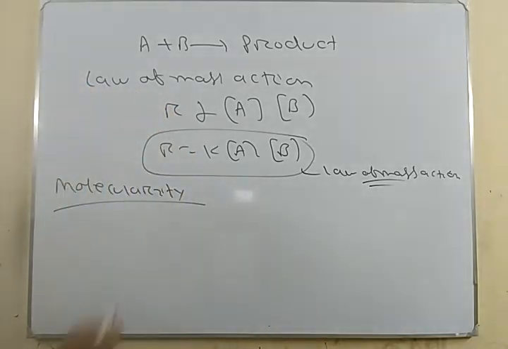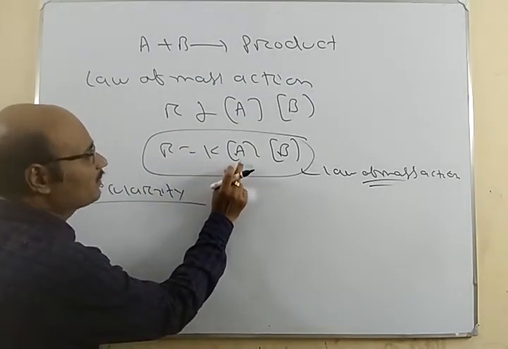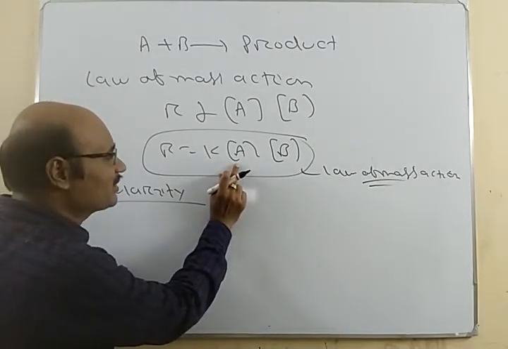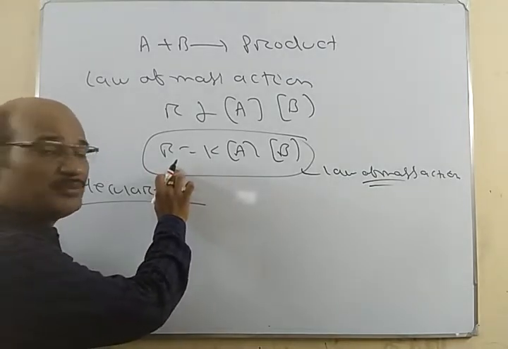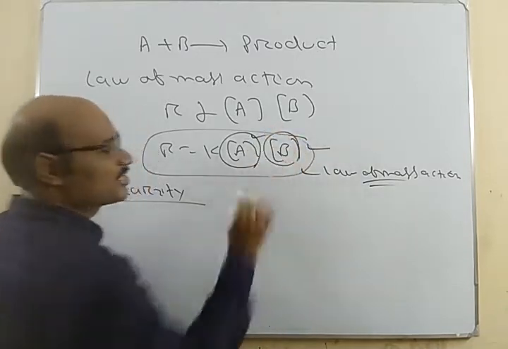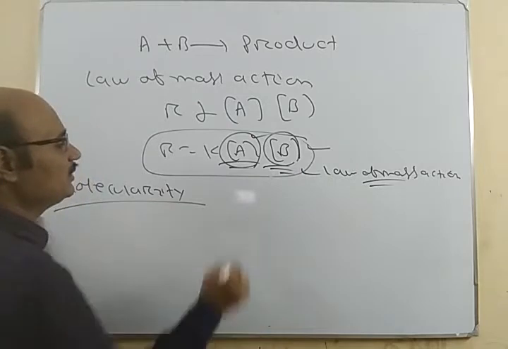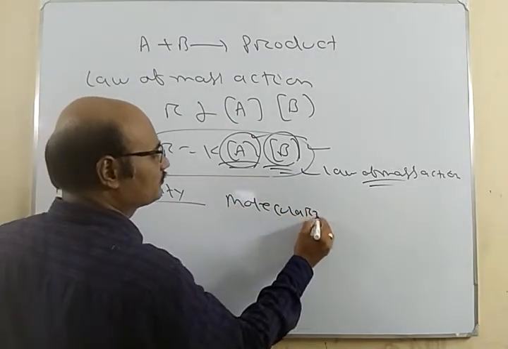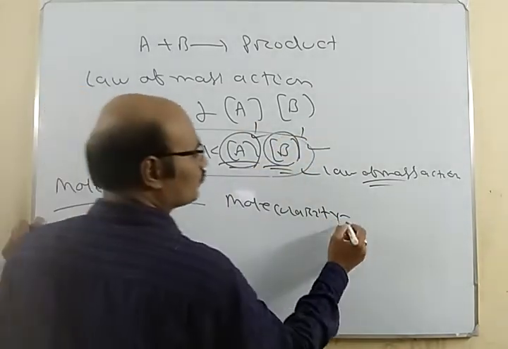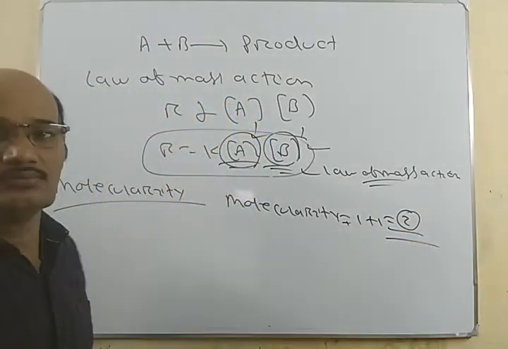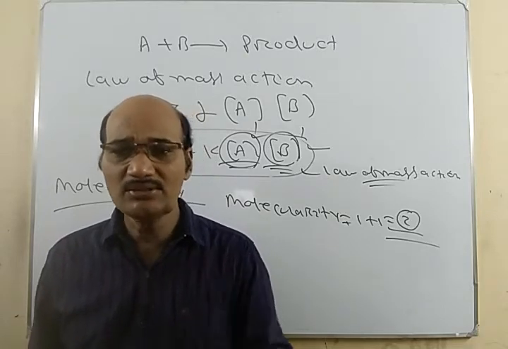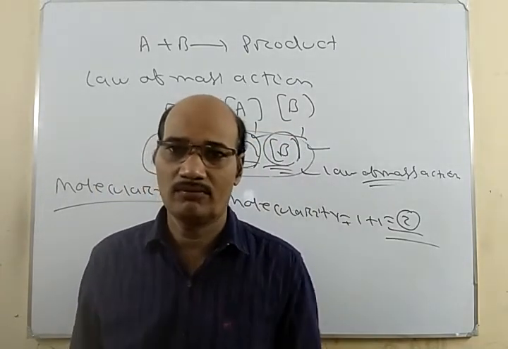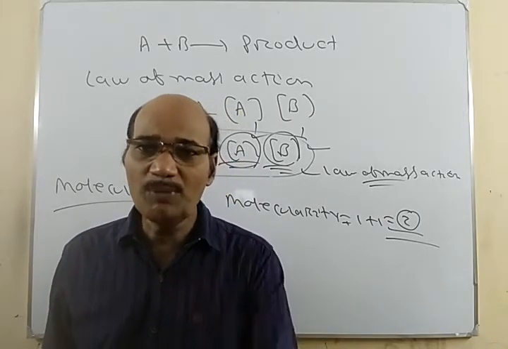Here you see, if this is the reaction, A plus B gives product, and here we have R equal to K into the active mass of A and the active mass of B, that is, the molar concentrations of A and B. This is the law of mass action, and it indicates that in the elementary step of the reaction, 1 molecule of A and 1 molecule of B are participating. So here the molecularity value: A power 1, B power 1, so 1 plus 1 equals 2. So the molecularity of a single step reaction, or a single step of a multi-step reaction, we can calculate from the law of mass action for that step.